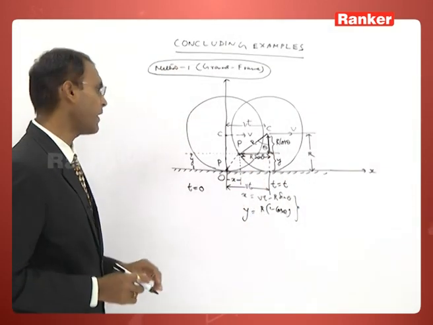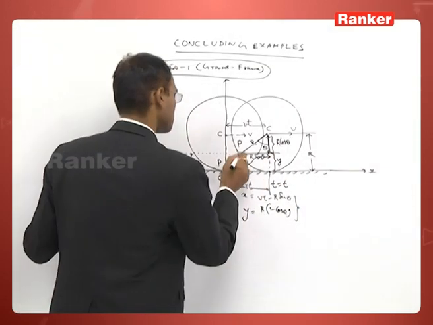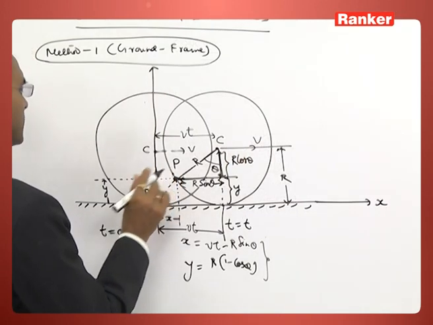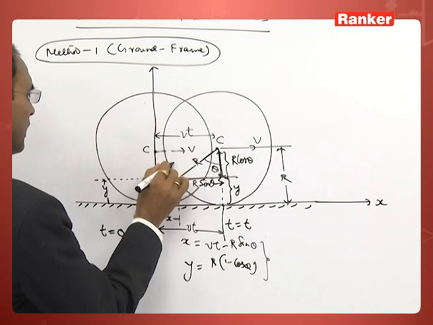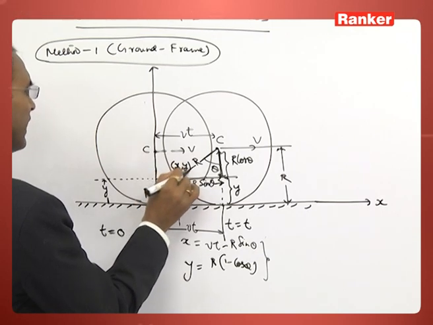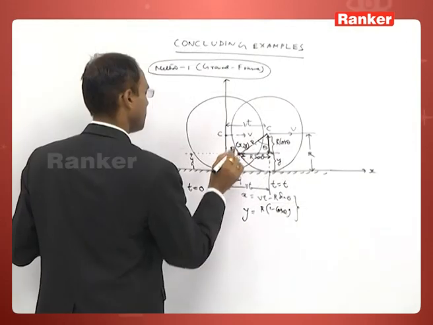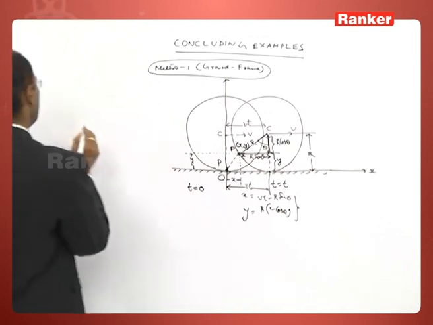So, in terms of theta, we can find the coordinates of this point P. This point P has coordinates x, y after time t.